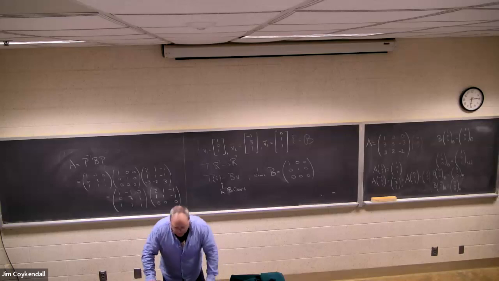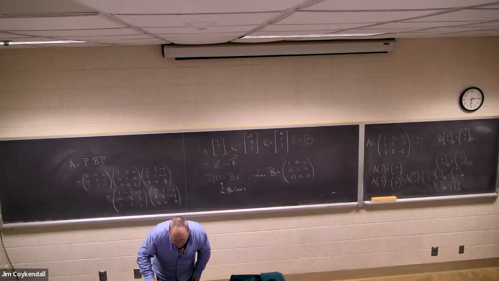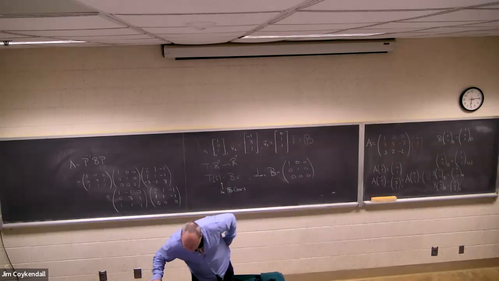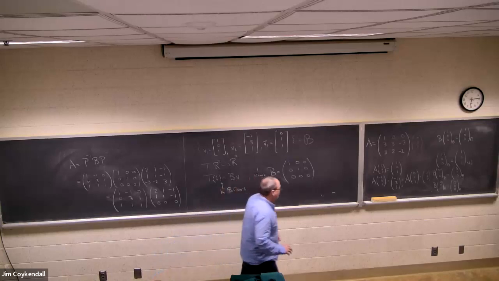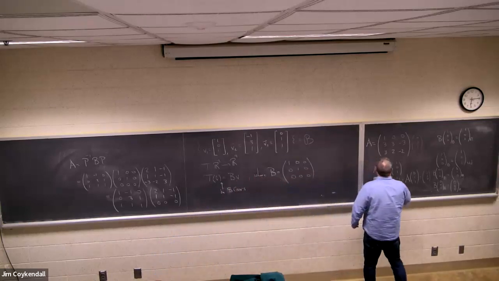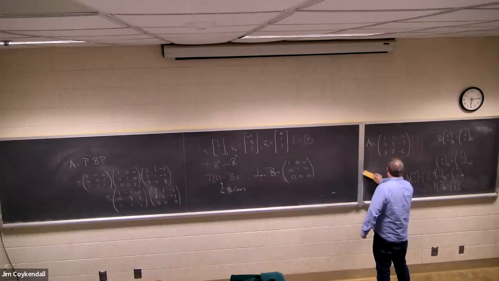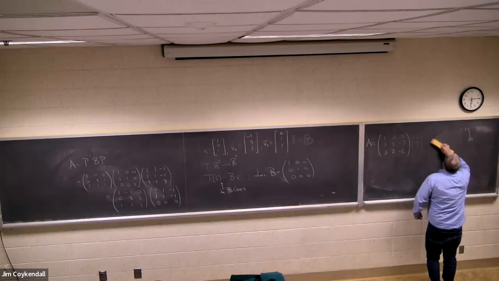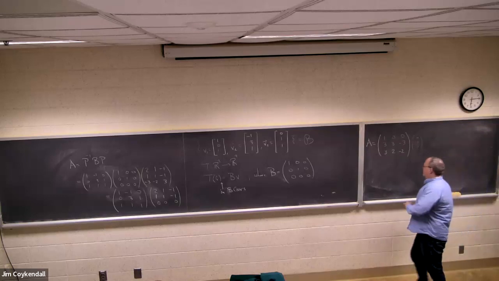Okay, is the matrix you got in part B, which one was that? Is the matrix here? So here's the continuation of the question. Let me ask you two things.